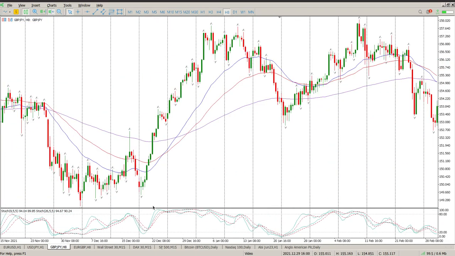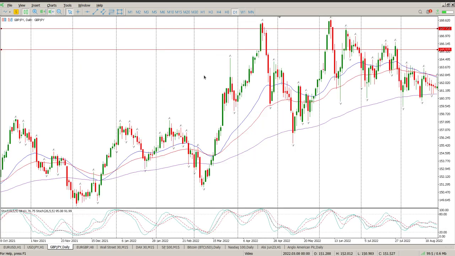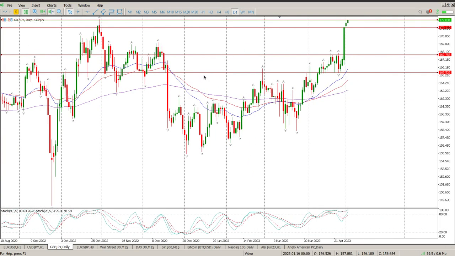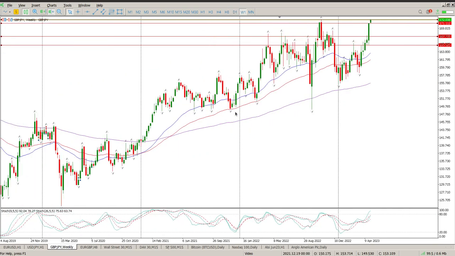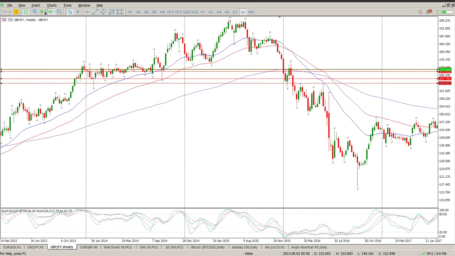And got to go back quite far for anything. Let's just see if we can see something on the daily. Nothing much there. If you look at the weekly, you can see a fairly strong area of what should be resistance at 173.867, and that's going back to January 2014, so that's quite far away.